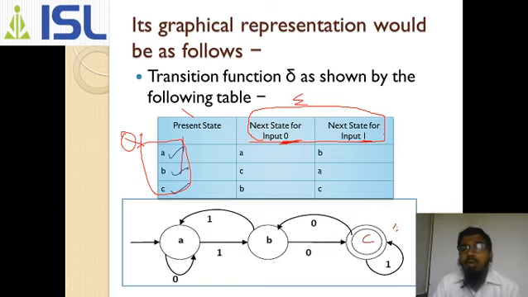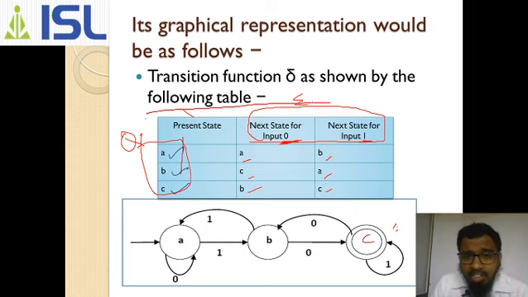So now with the help of this, we can get the graph. The data is already predefined here. From A, if the value is 0, then it is going to A, C, B, and if it is 1, B, A, C.